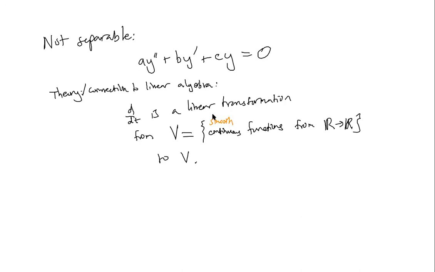I guess we haven't really defined what smooth is. So there are other quantifiers you can use for these functions. But the point is, this is now a linear transformation, not from polynomials or column vectors, but from this big vector space of functions. And this is actually what's called an infinite dimensional vector space.